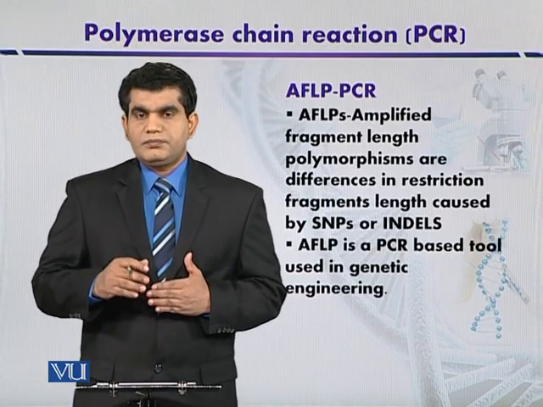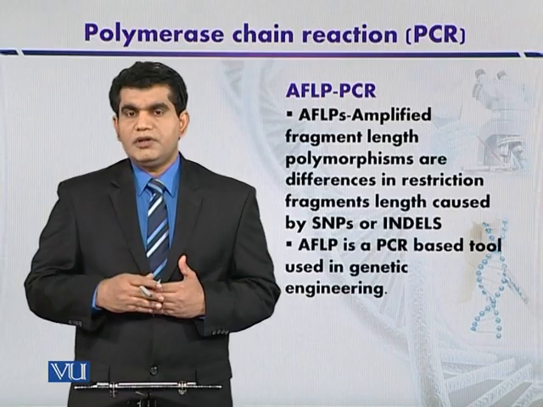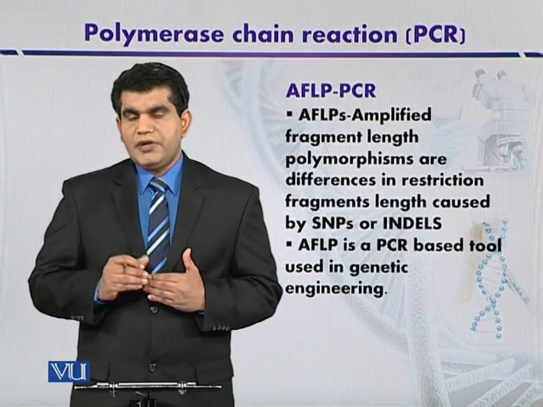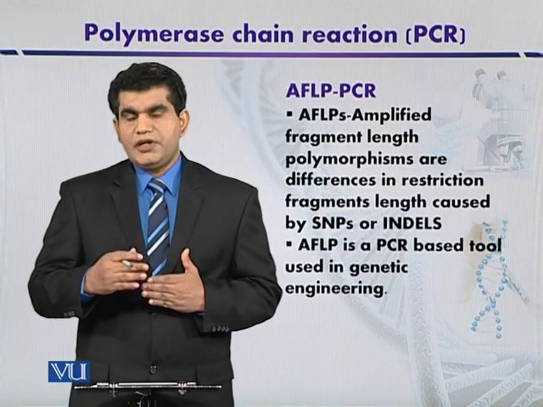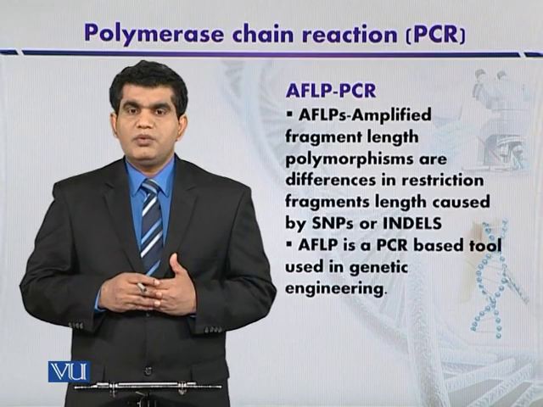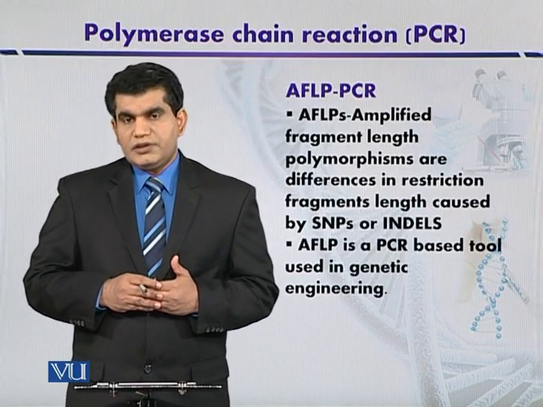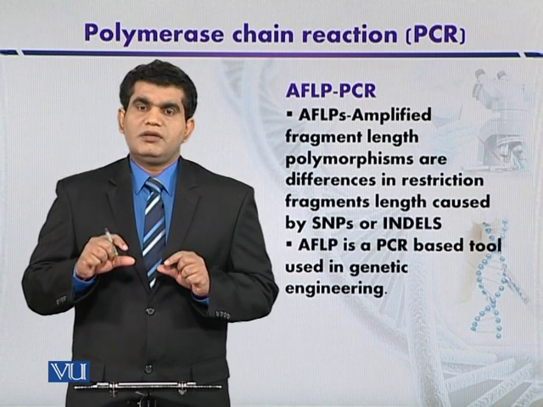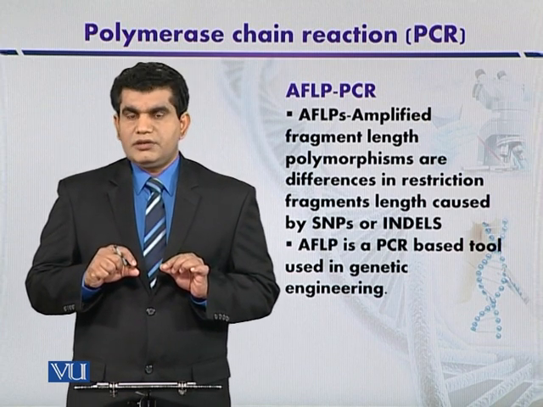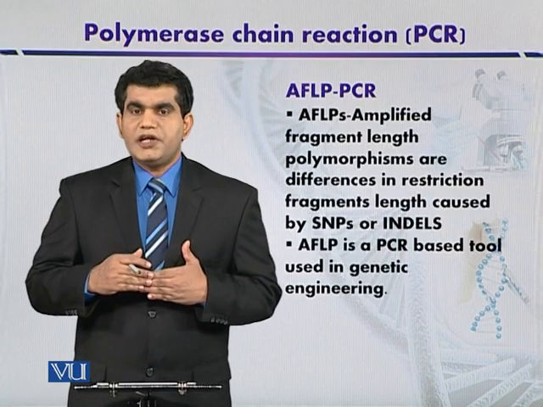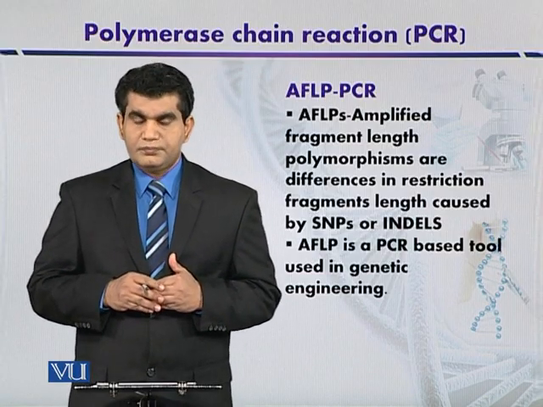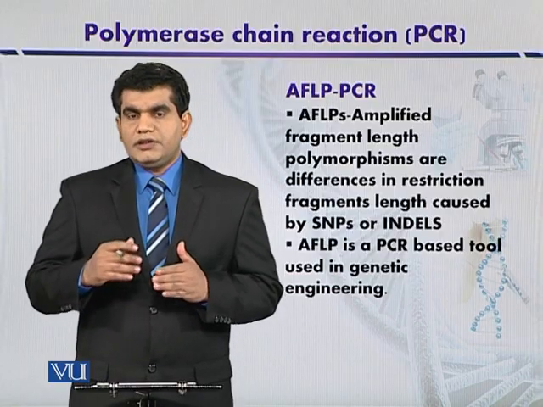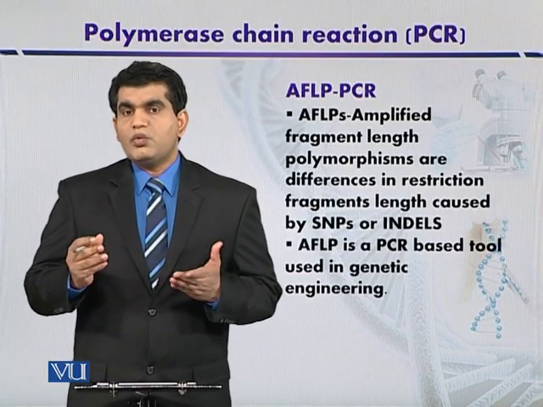But here, like the RFLP, the DNA is fragmented or digested by using restriction endonucleases, and after that the digested fragments that have sticky ends are joined with adapter molecules, and adapters have a known sequence.